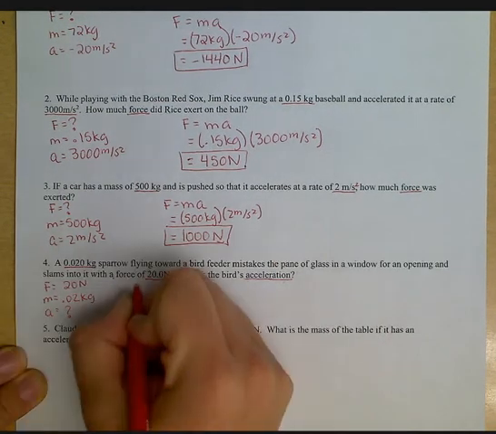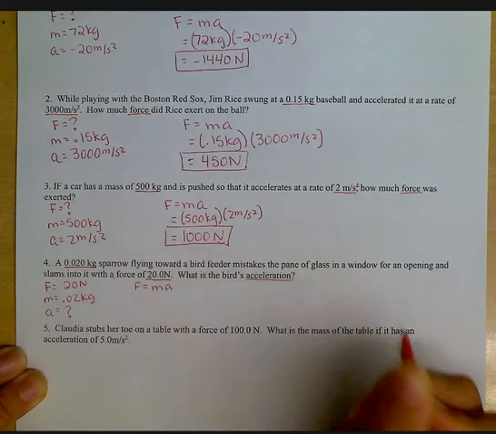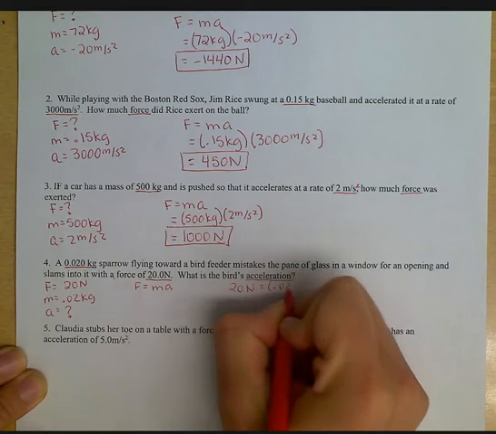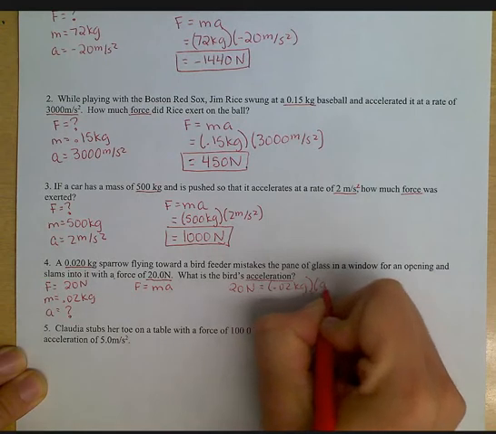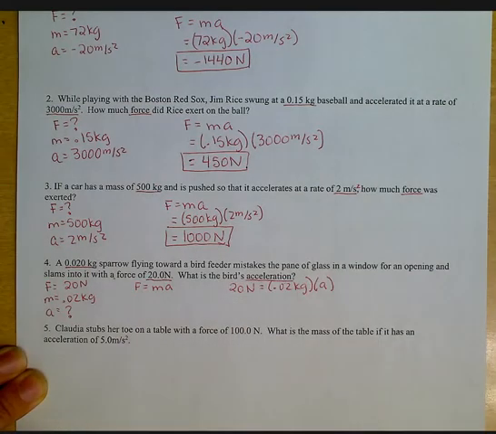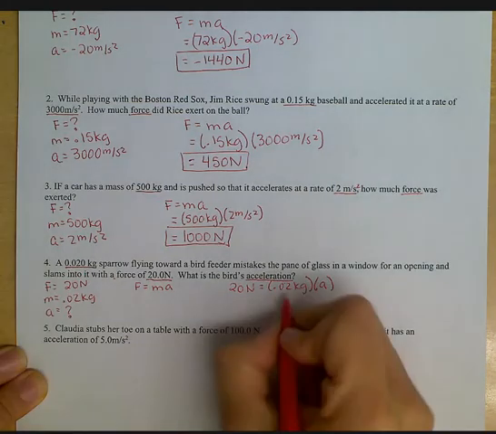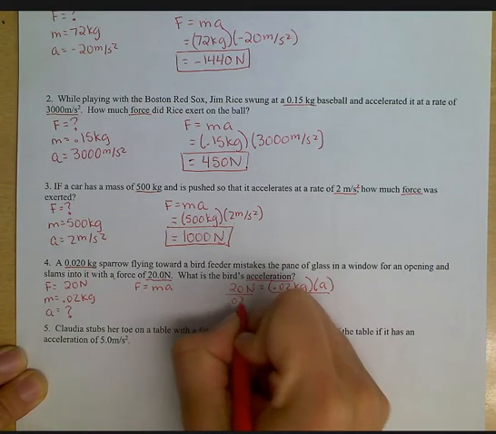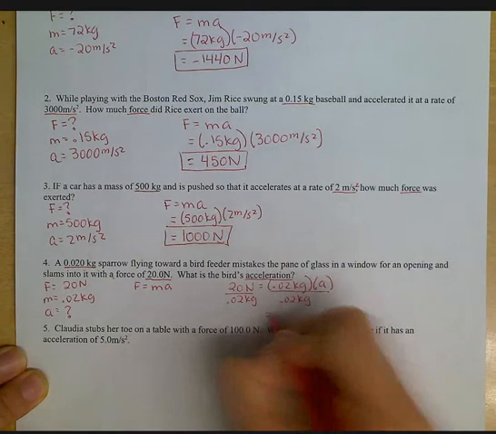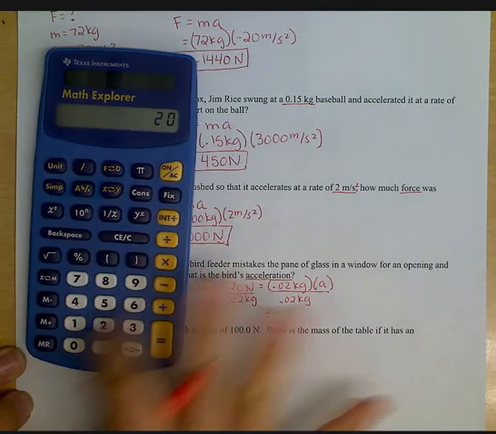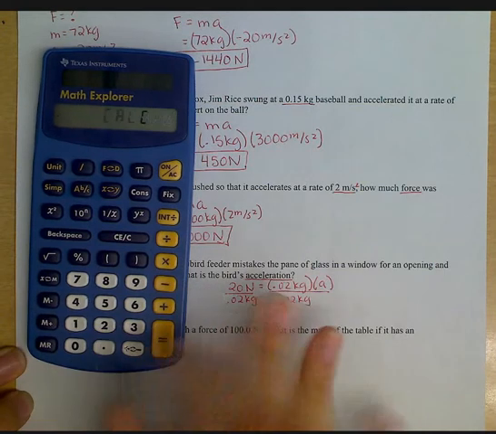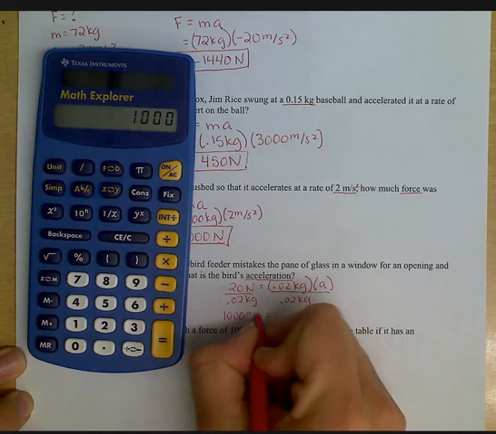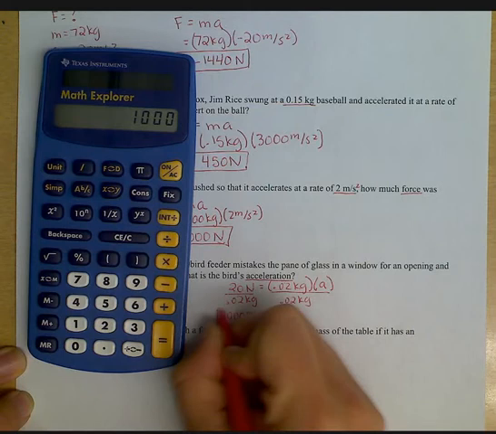So I'll write out my equation, F equals ma, and I'll substitute in the information I know. 20 newtons equals 0.02 kilograms times A. And to solve for A, I'm going to have to divide each side by that 0.02 kilograms. 1,000 meters per second squared is going to be equal to your A. Now you could do two things here.